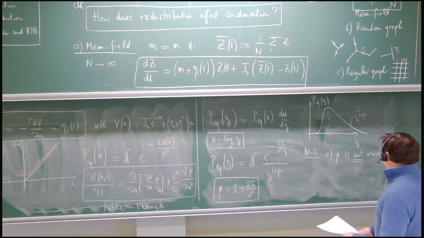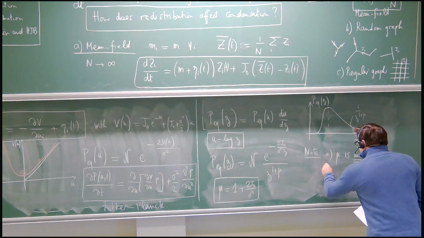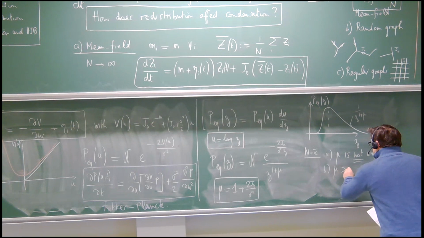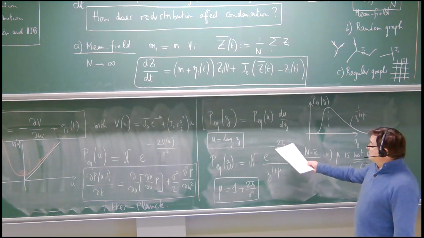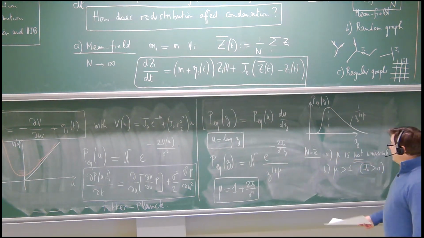The second remark is that mu is strictly greater than 1 when J0 is greater than 0. So that's interesting too, because you remember that mu greater than 1 means that this distribution has a finite mean.